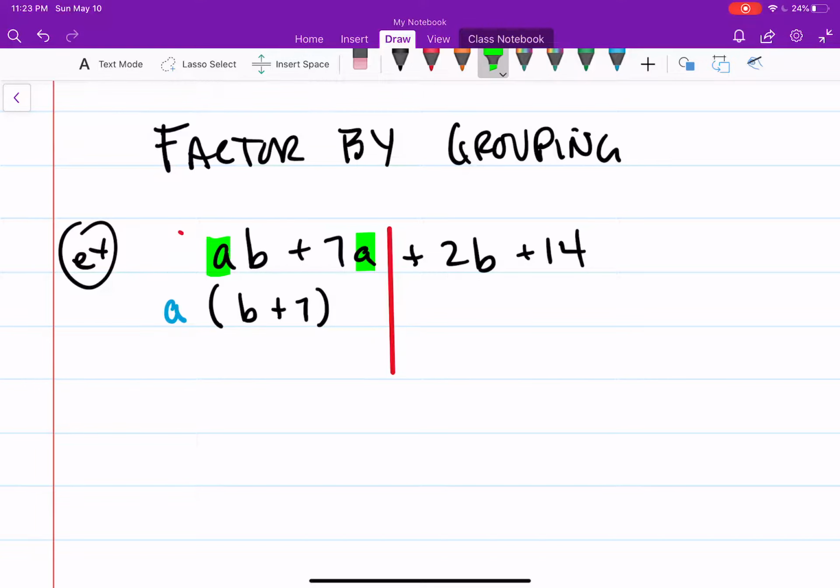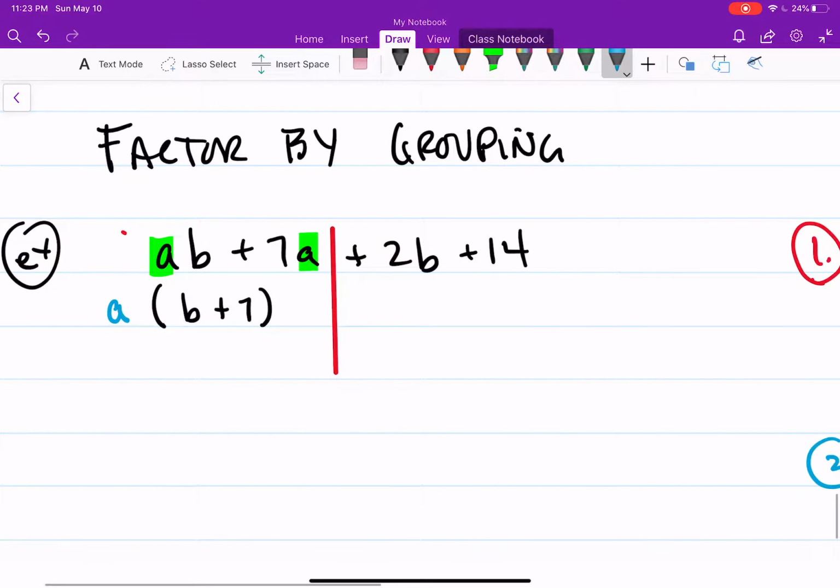Okay, over here, what's my GCF? So remember that 14 can break down to 2 times 7. So what do I have in common? I have the 2's in common, and that's it. So my GCF is a 2.